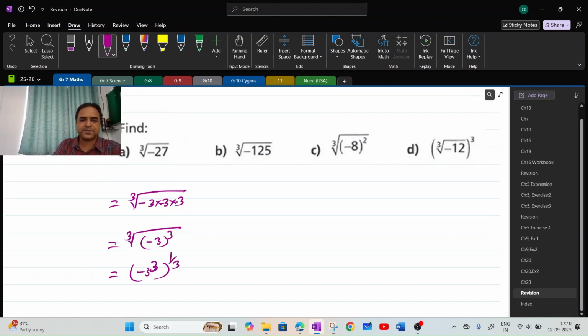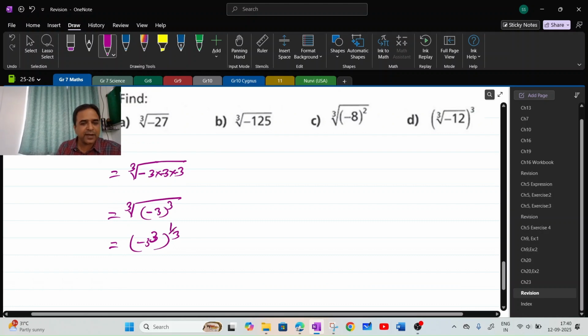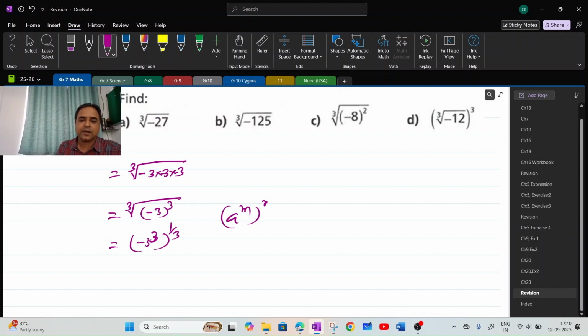And you know that they are going to multiply, because we did a to the power m, the whole power n, you can write as a to the power m multiplied by n. This we had done. So based on this law, you can do this operation, minus 3 to the power 3 multiplied by 1 upon 3. So this will cancel each other, and your final answer coming is minus 3.